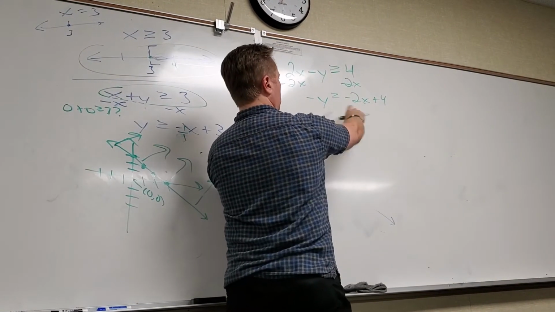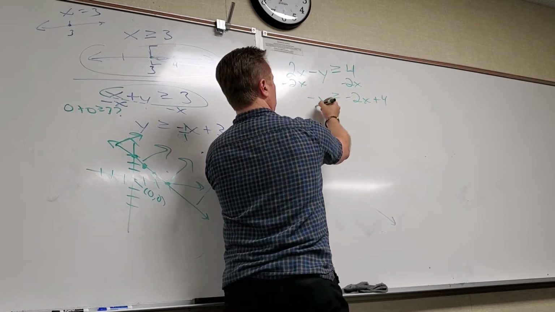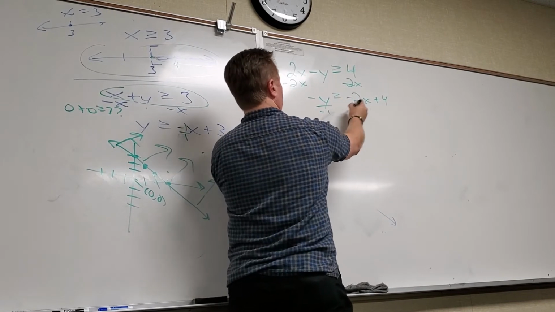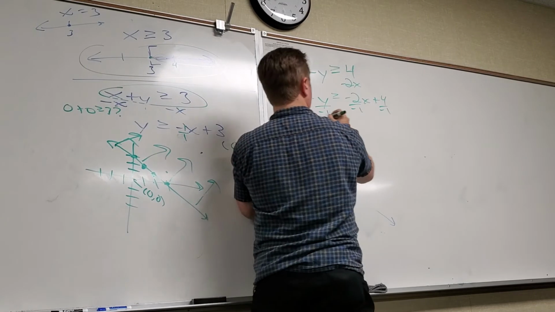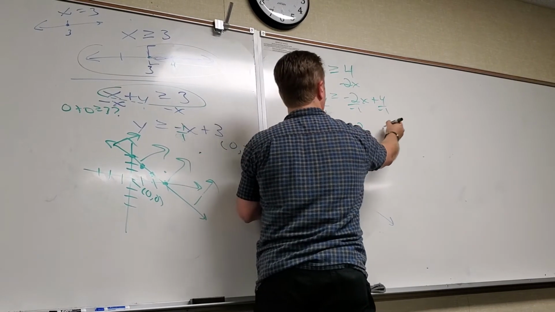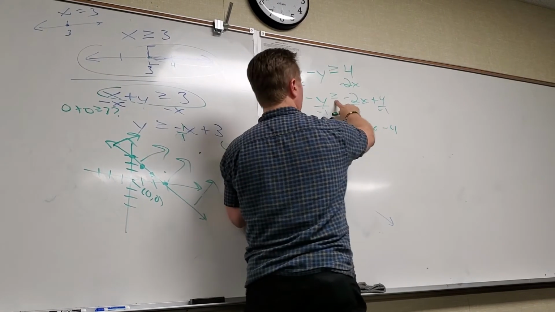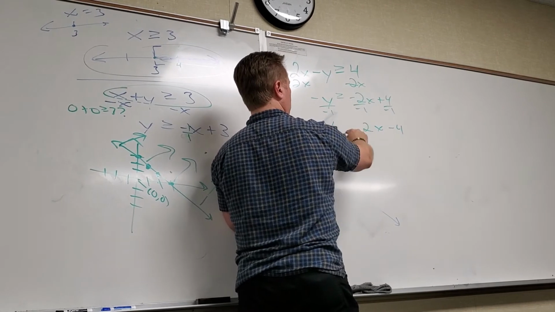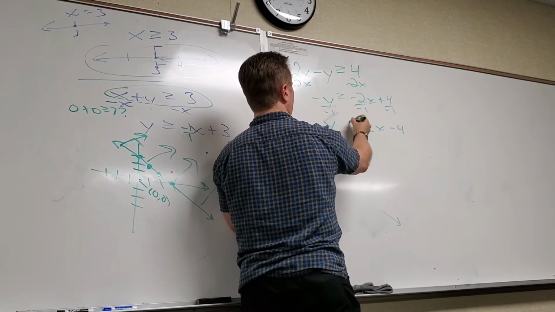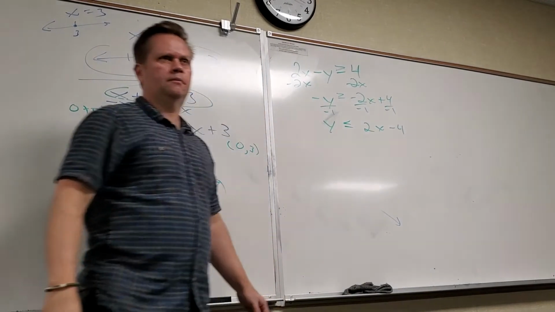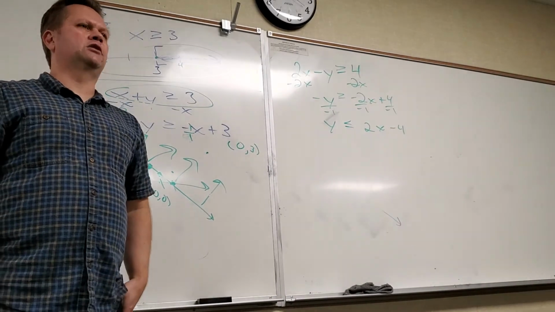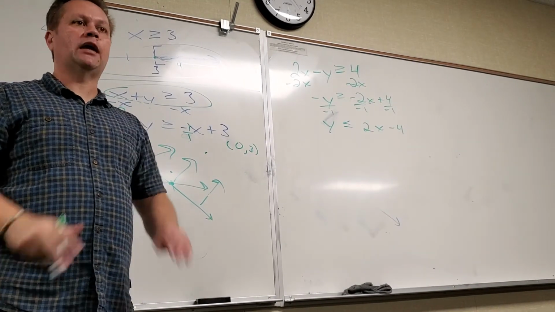I have to do what to solve for y? Divide by -1. So y, and that's 2, and that's -4, right? What happens here? Sign has to flip. Remember that? It doesn't suddenly not do it just because we're in a different section. I mean, that's just a rule.